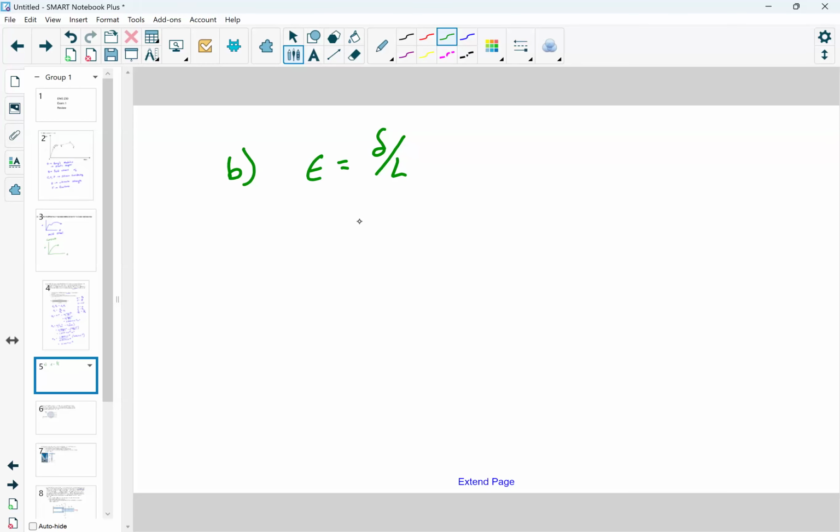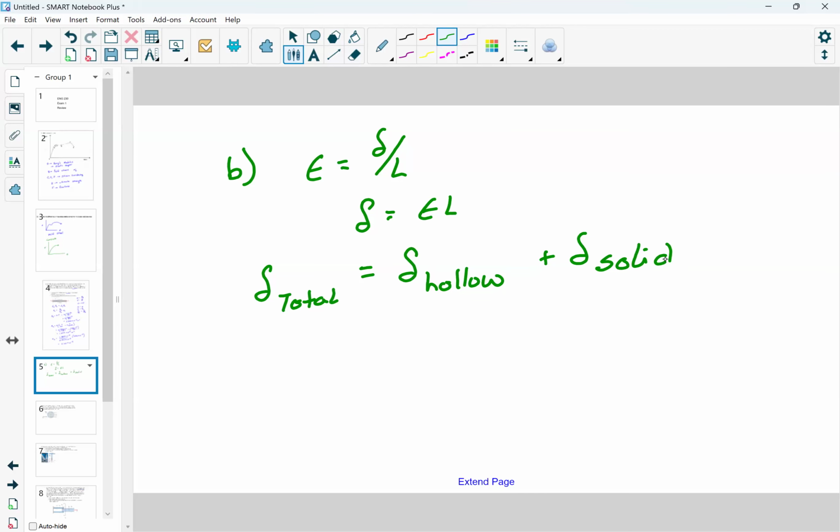Okay, our total delta is going to be epsilon times L. Our delta total is we're going to have to add up the delta of the two segments. So we have the delta of the hollow part plus delta of the solid.